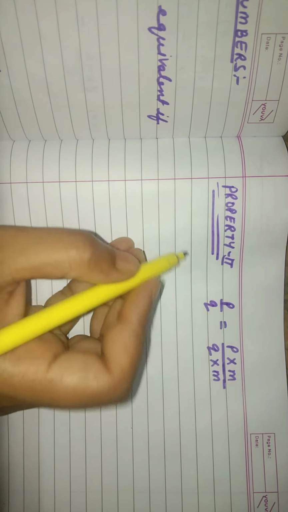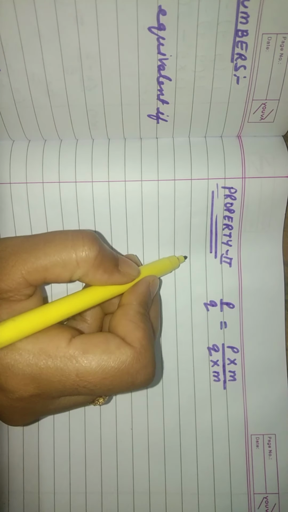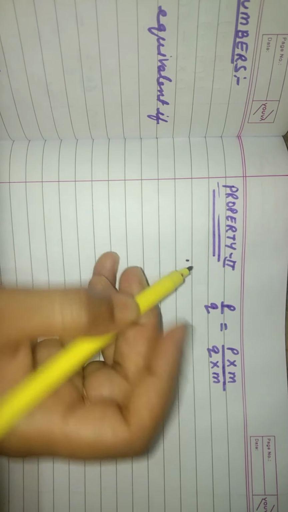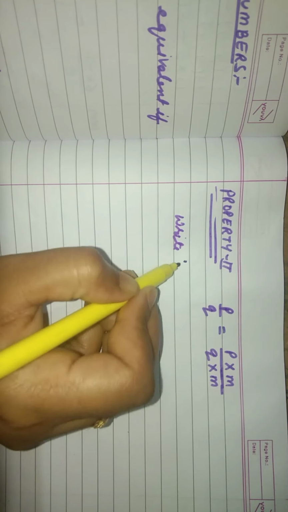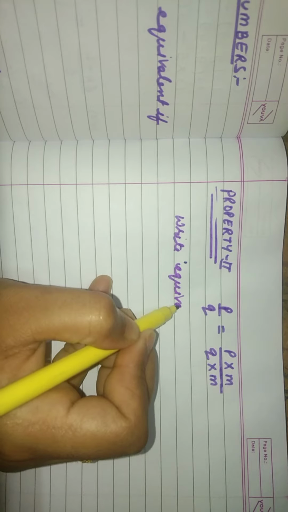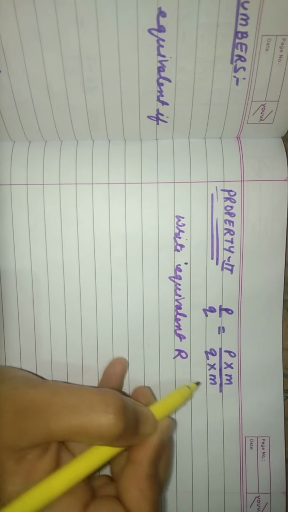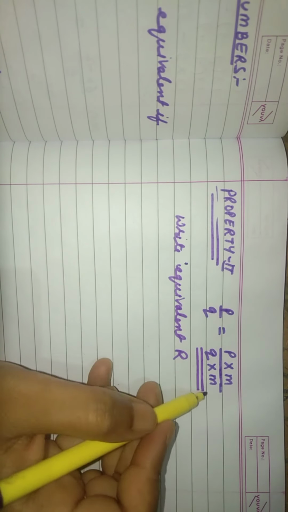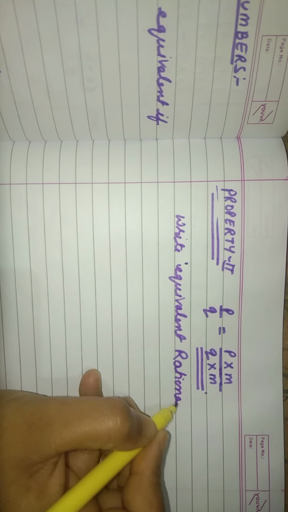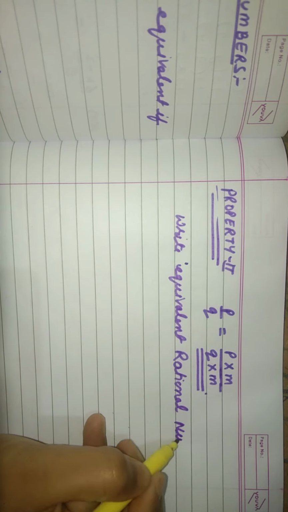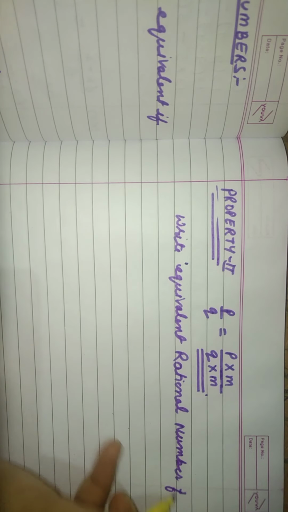So through an example, let us understand this also. Your question will be like, write an equivalent rational number of 3 upon 5.